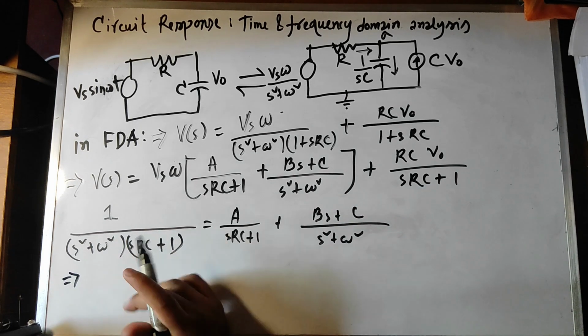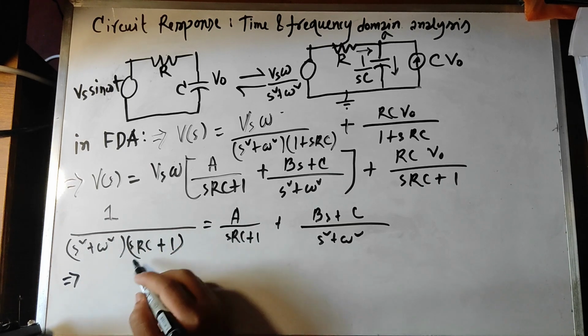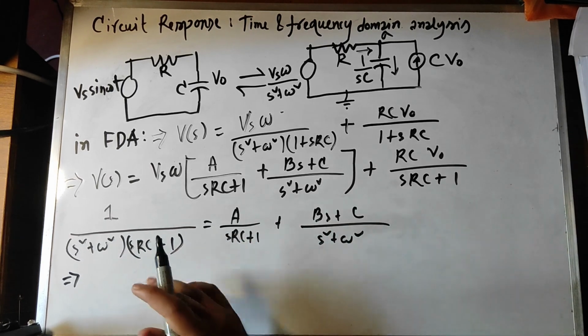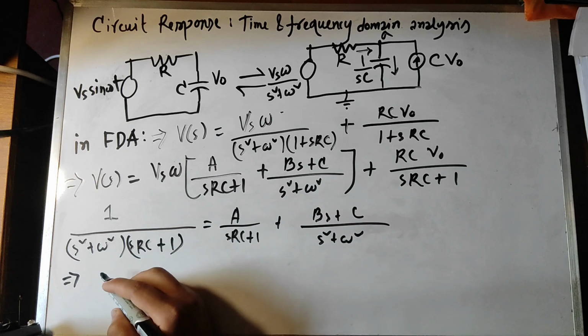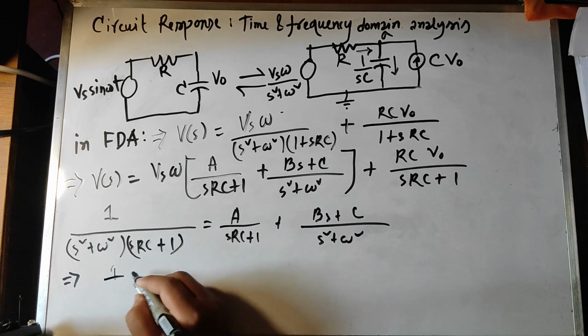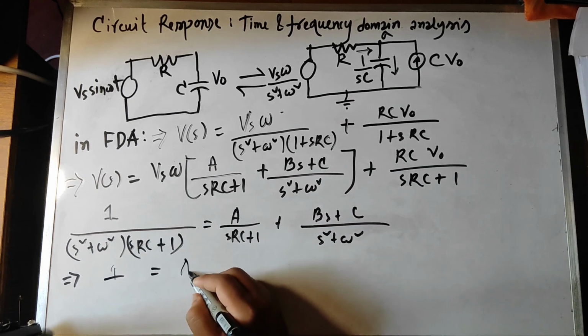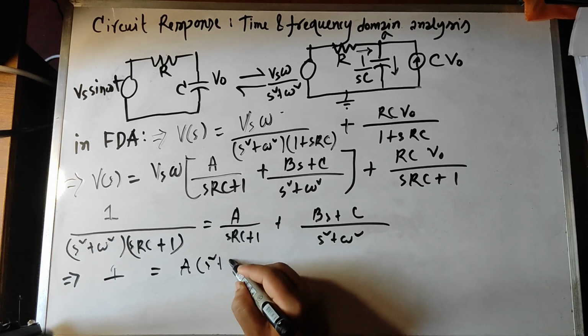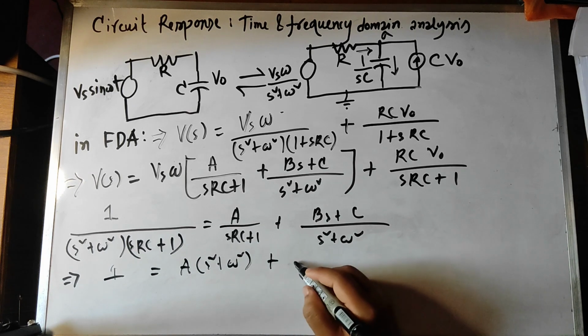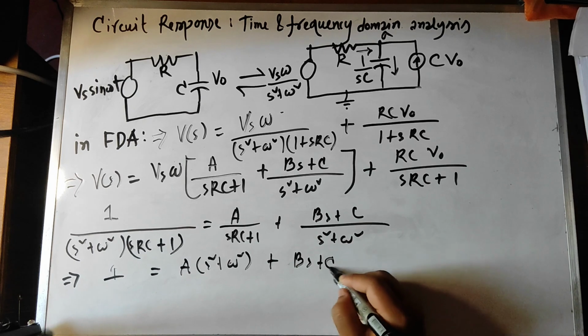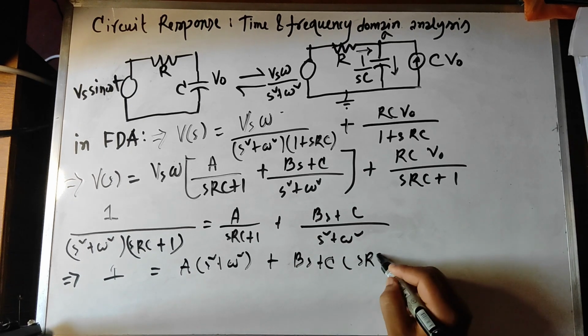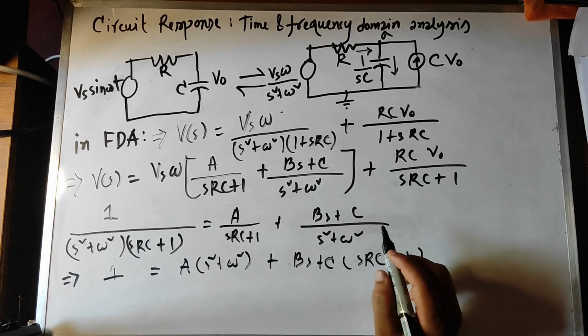Let us multiply with both the terms, so this will give 1 equals A into (s square plus omega square) plus (Bs plus C)(sRC plus 1).